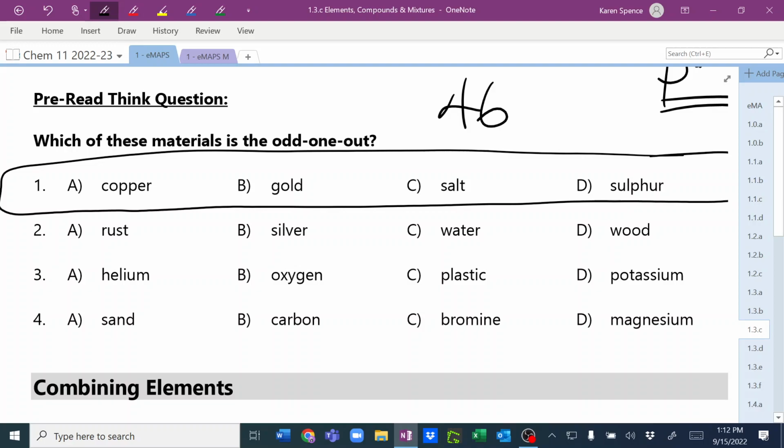Once you've done number 1, you can look at numbers 2, 3, and 4.